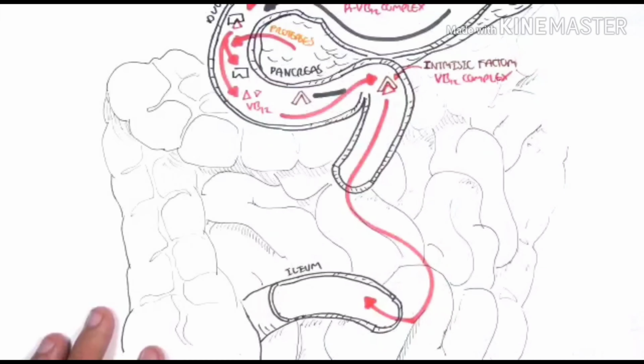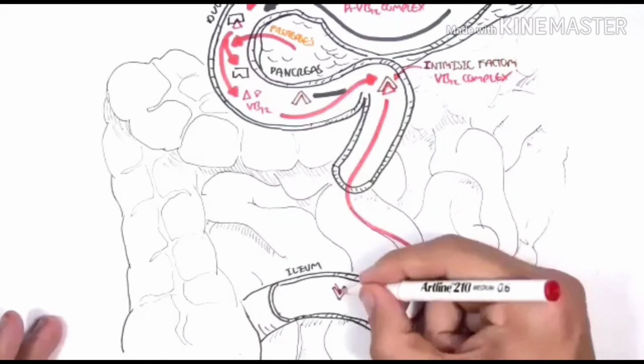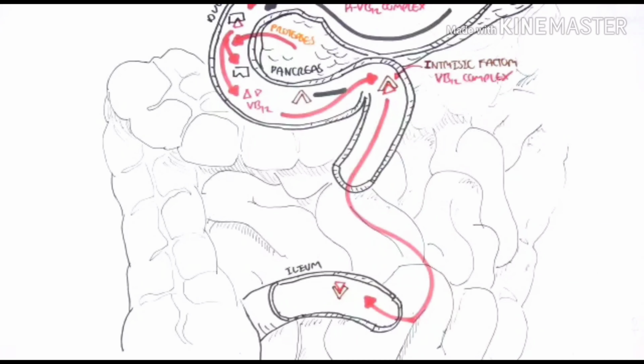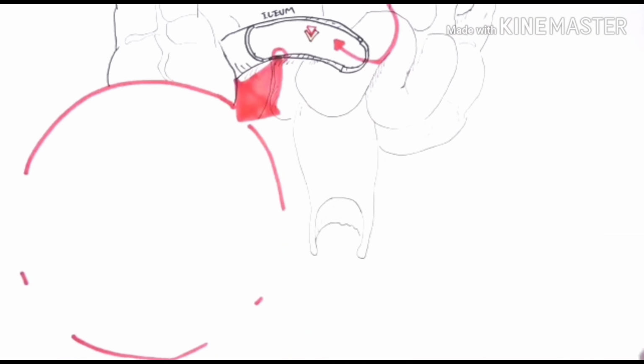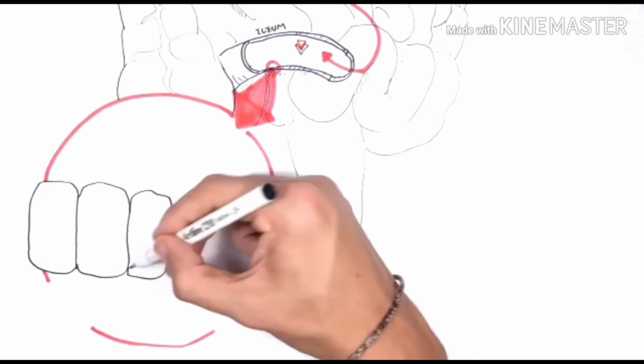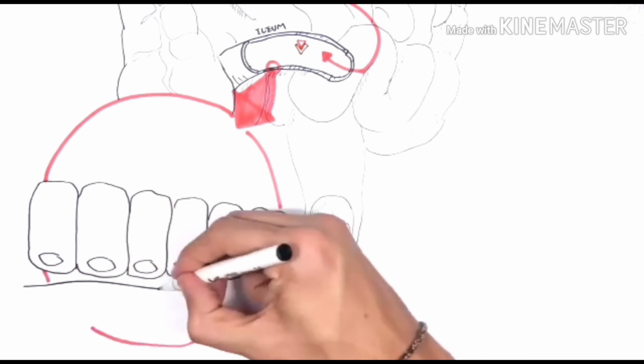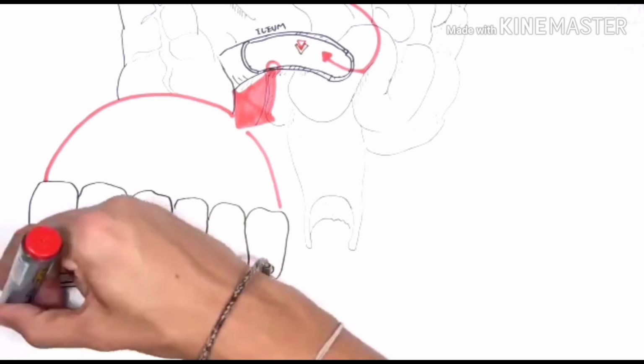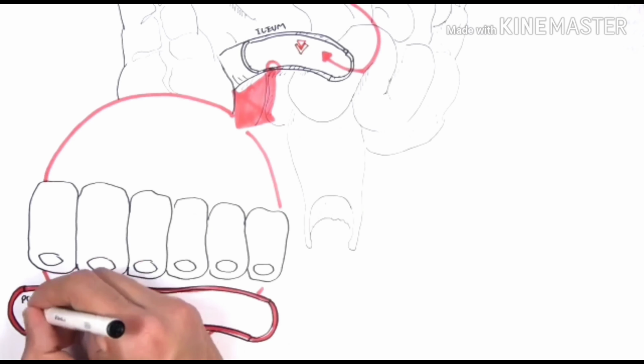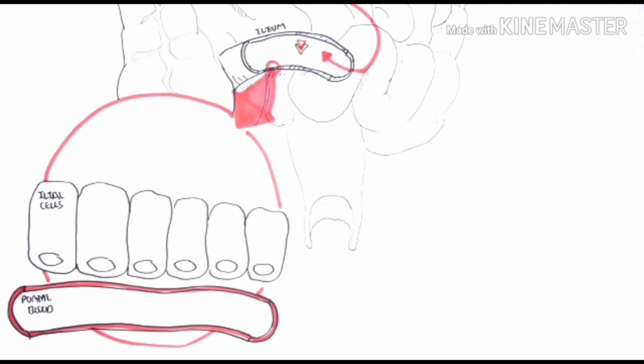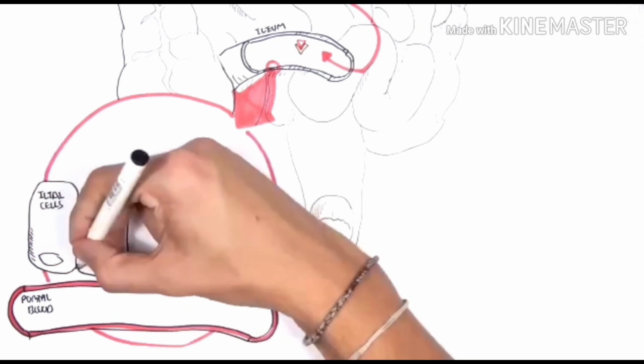The intrinsic factor vitamin B12 complex passes to the jejunum and then the ileum. If we take a cross-section of the ileum, it shows the projections of ileum cells and also the portal vein, the blood vessel.